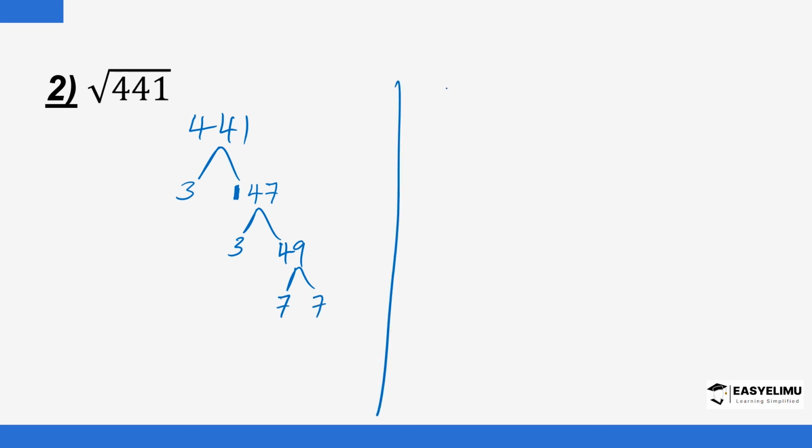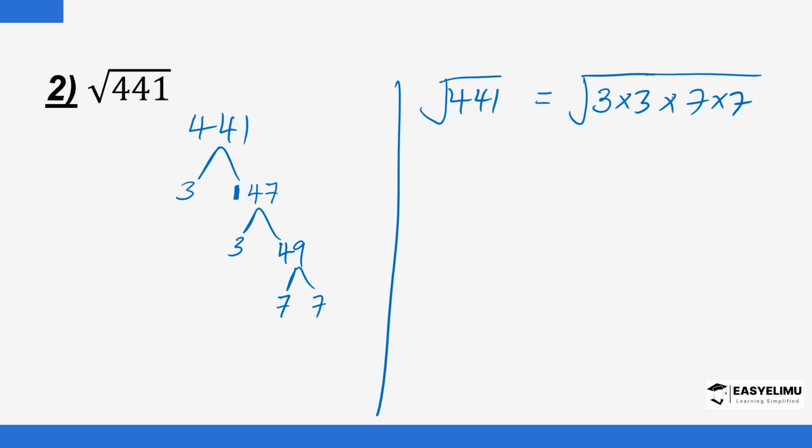See? So that means the square root of 441 is equal to the square root of 3 by 3 by 7 by 7, which is going to be the square root of 3 power 2 by 7 power 2.